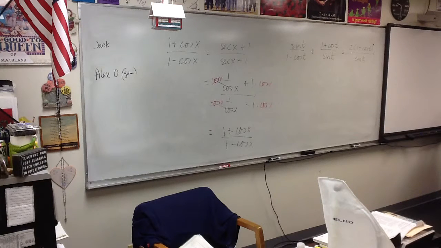If you multiply this over here, this times this, that would be the common denominator. So on top, we're going to have this times. Alright, there we go. That's good.